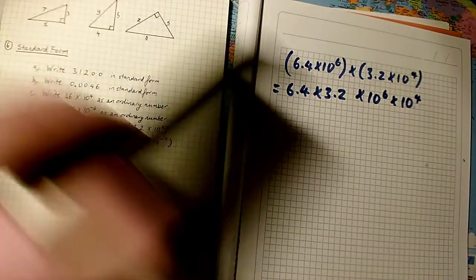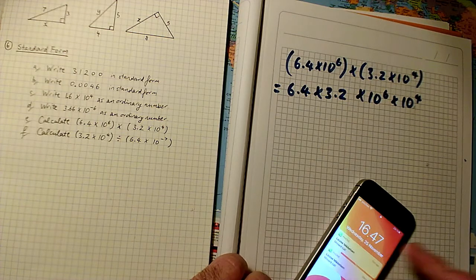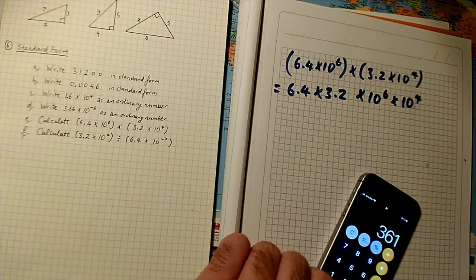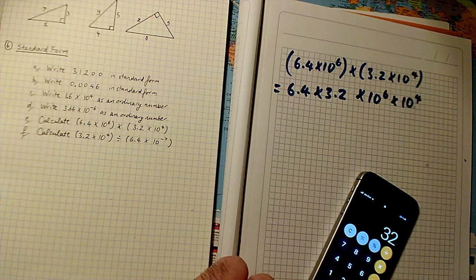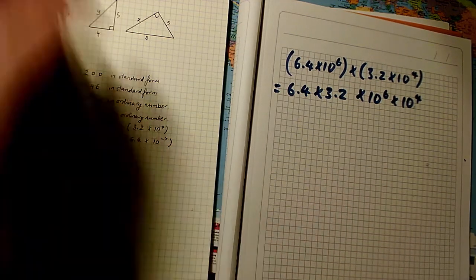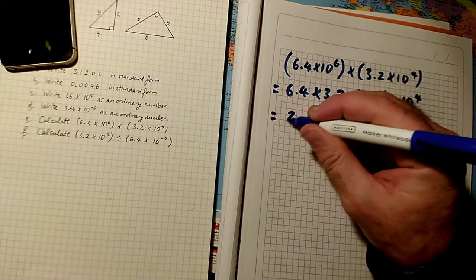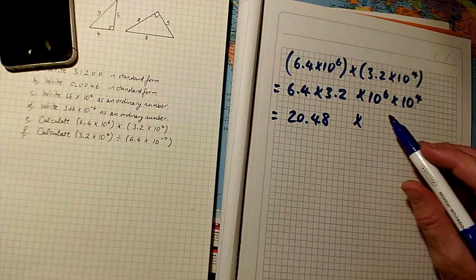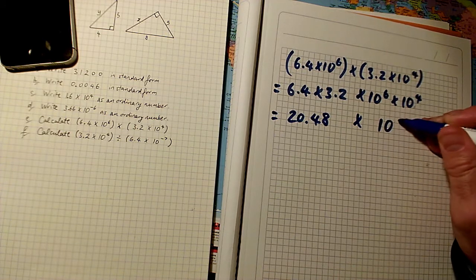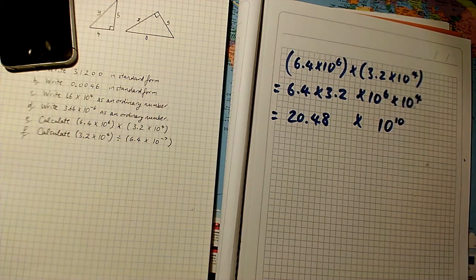Now 6.4 times 3.2, let me just get to that. 6.4 times 3.2, 20.48, and then 10 to the 6 times 10 to the 4 is 10 to the 10. You just add the powers.